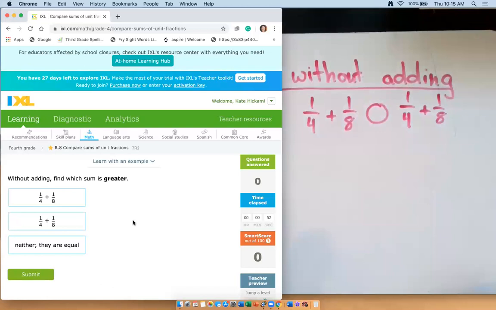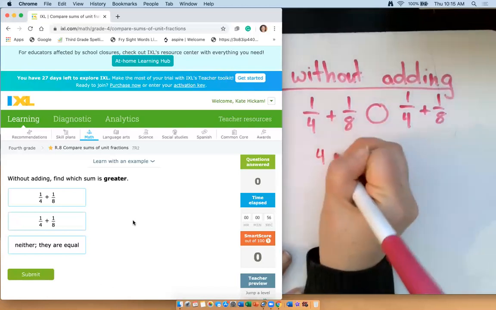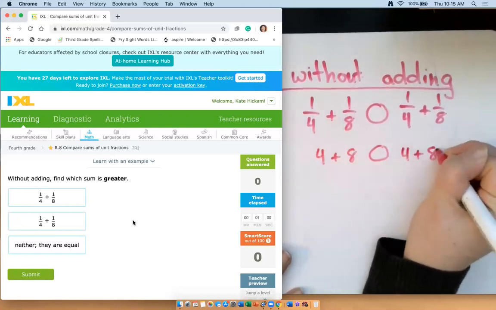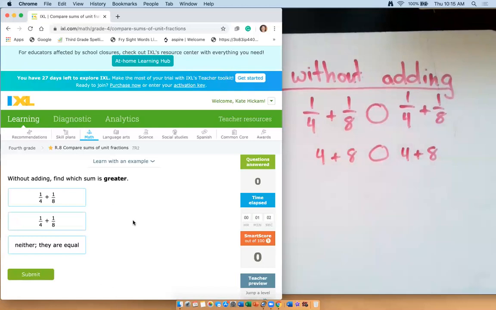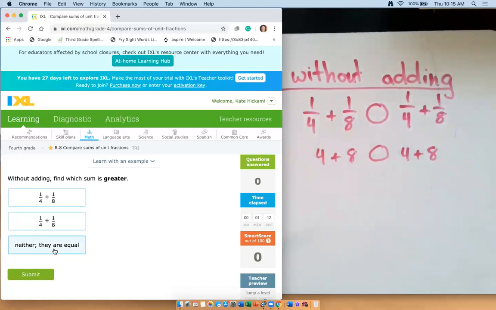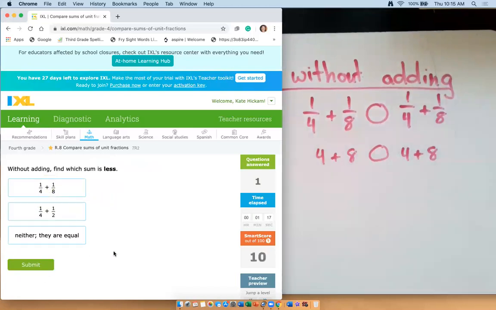Wait a minute. That's like saying I'm comparing 4 plus 8 compared to 4 plus 8. Those are going to equal the same. So if I know that they are going to equal the same amount because it's the exact same problem both times, I'm just going to come over and click neither. They're equal. And I got it right.